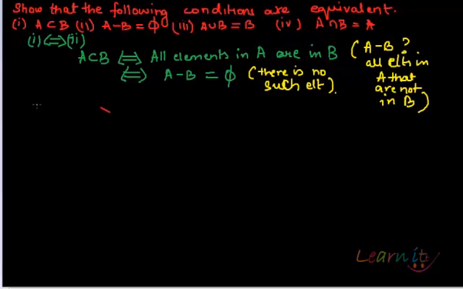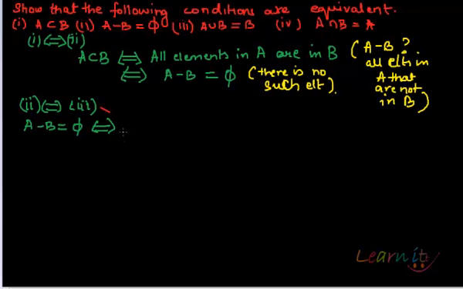Now let's look at how the second statement, A minus B equals phi, is the same as the third statement, A union B equals B. So we have to look at A union B. Now A minus B is phi.